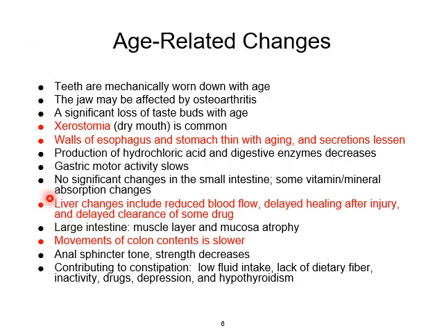These are the age-related changes. The teeth are mechanically worn down with age. The jaw may be affected by osteoarthritis. With osteoarthritis, there will be changes in the bones. They become brittle and a little bit more deformed. So the jaw will be affected because it is made of bones.